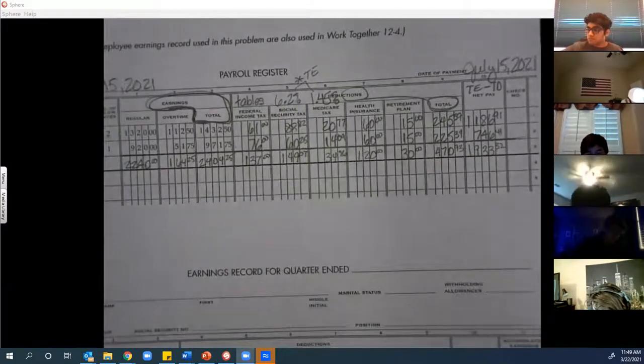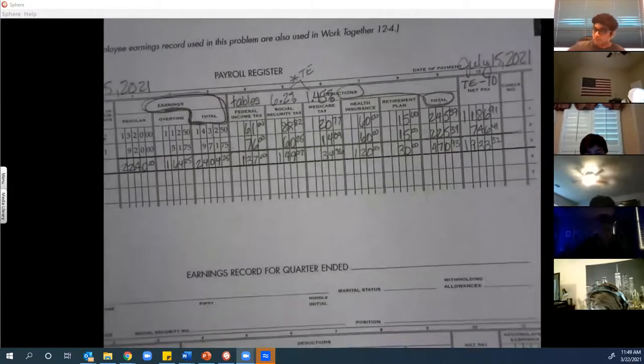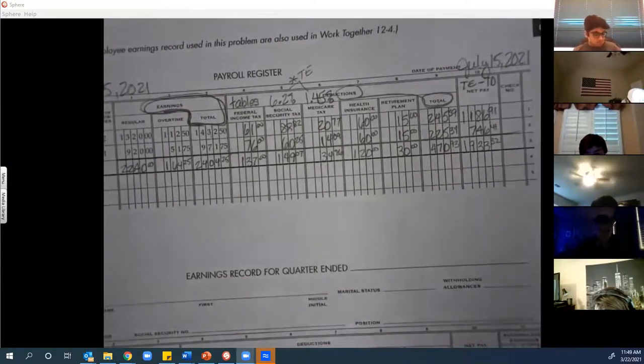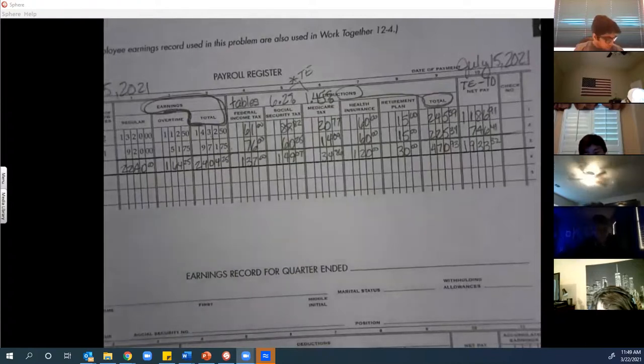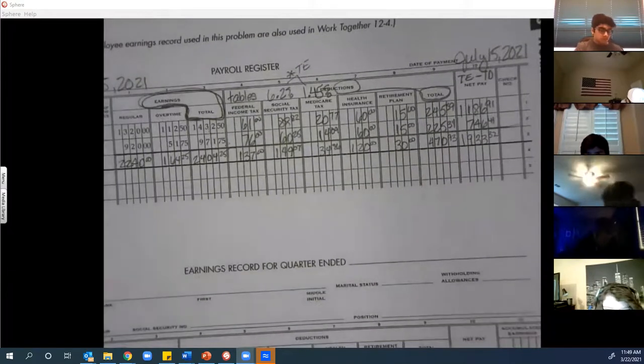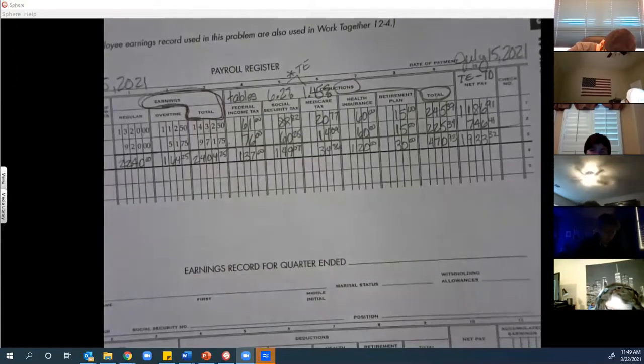Can you see all those? You got them in? Okay. So it also says in your instructions to total the amounts and prove the payroll register. When we did proving journals, it was making sure debits equal credits. So to prove the payroll register, we're going to make sure that total earnings equals total deductions plus net pay.